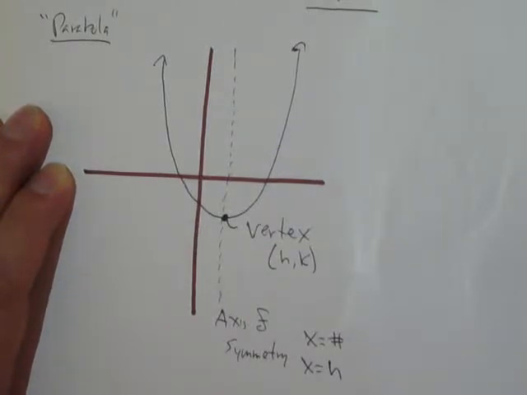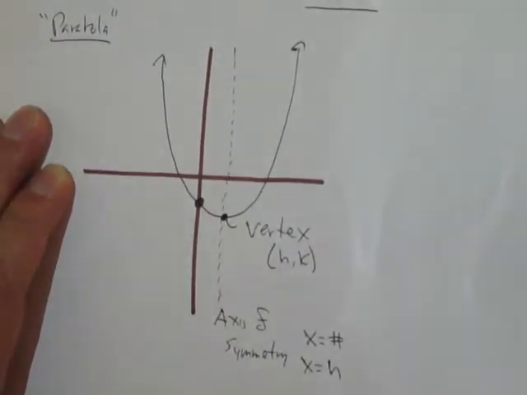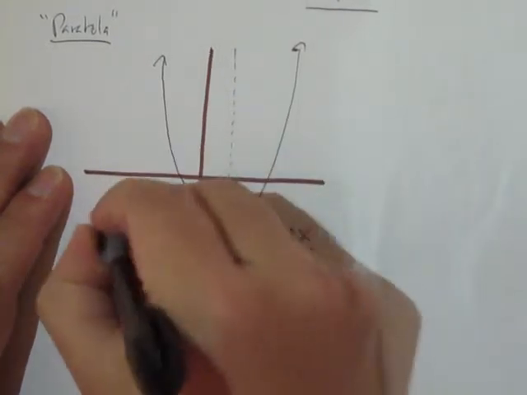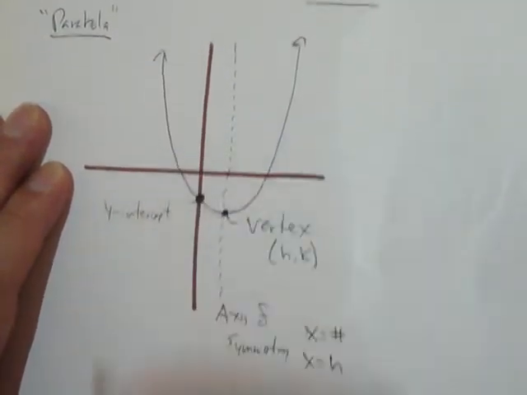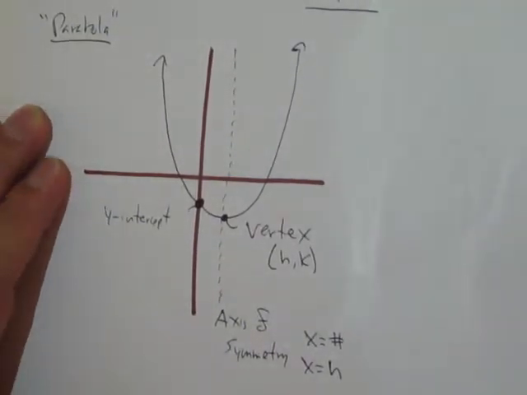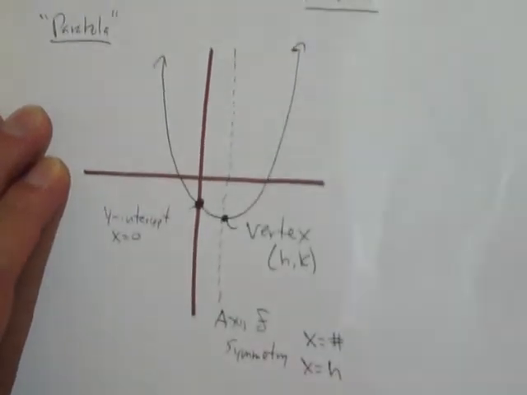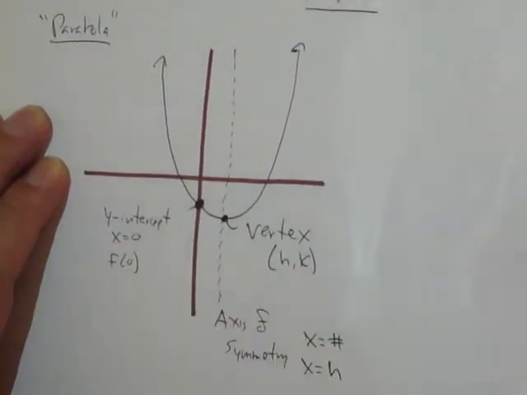Okay. All right. What else do we know about this? It has this point right here. That's the point where the graph crosses the y-axis, and we know the name of that. That's the y-intercept. And remember, the y-intercept is when x equals 0. Another way to write that is f of 0.